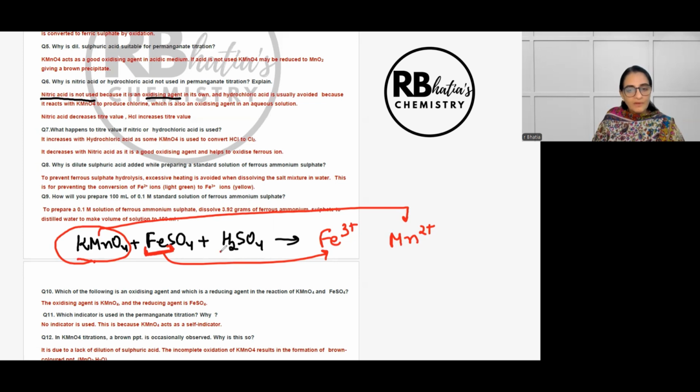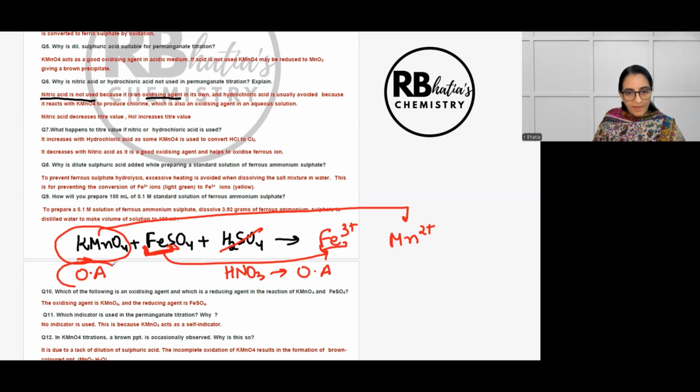But if instead of sulfuric acid you are using nitric acid, it itself is a strong oxidizing agent. Now, we are using KMnO4 as an oxidizing agent, but if nitric acid is used, nitric acid also is a strong oxidizing agent. You can imagine it also will help KMnO4 to oxidize some ferrous to ferric.